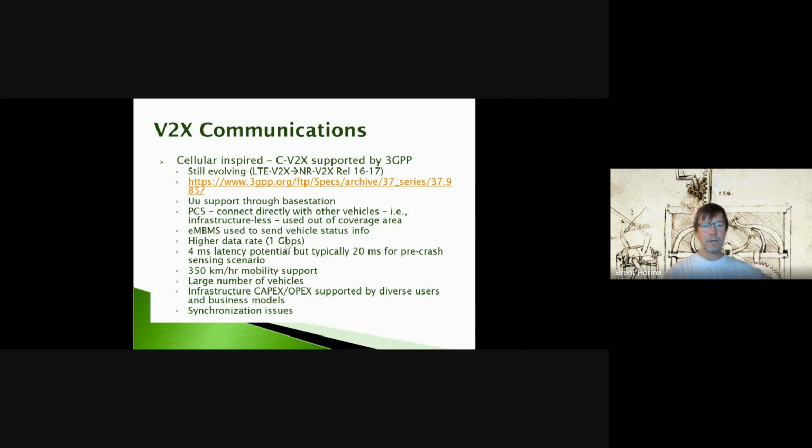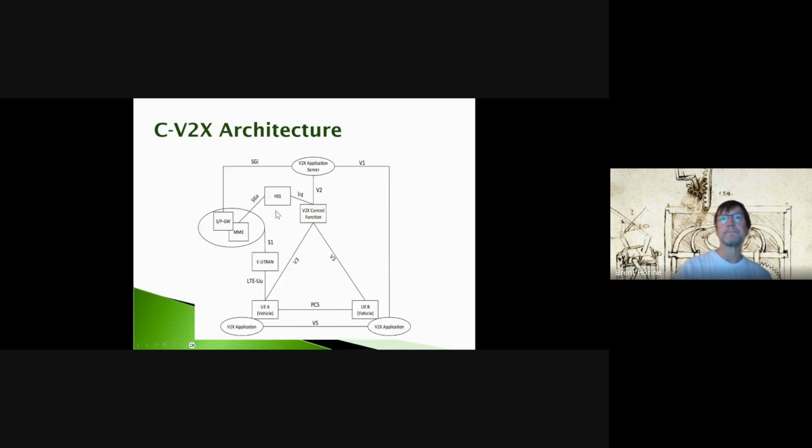If one side of this connection, this PC5 connection, has access to a base station, but other radios don't, then they can kind of share the synchronization information. But we want to be synchronized so that we're all kind of talking at the right time, and we're not talking on top of each other.